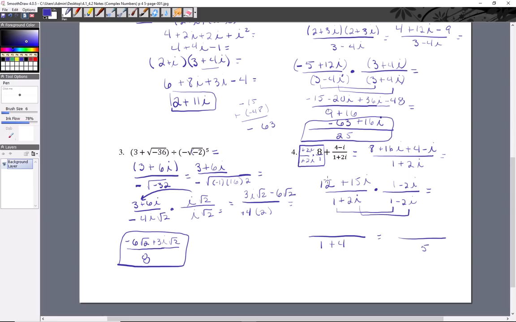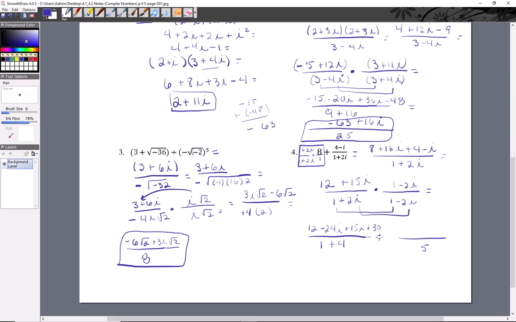And now let's do your numerator. 1 times 12 is 12. 12 times negative 2i is negative 24i. 15i times 1 is plus 15i. And then 15i times negative 2i is negative 30i squared, which I think is plus 30.